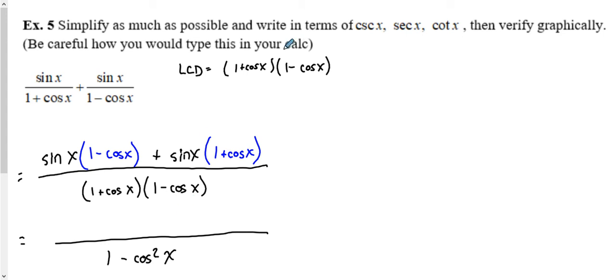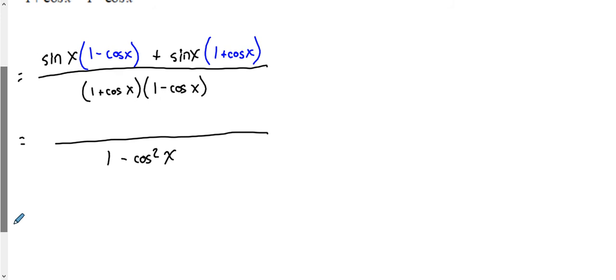In my numerator, you have to do it very slowly and be careful. We have sine x times 1, minus cos x sine x.